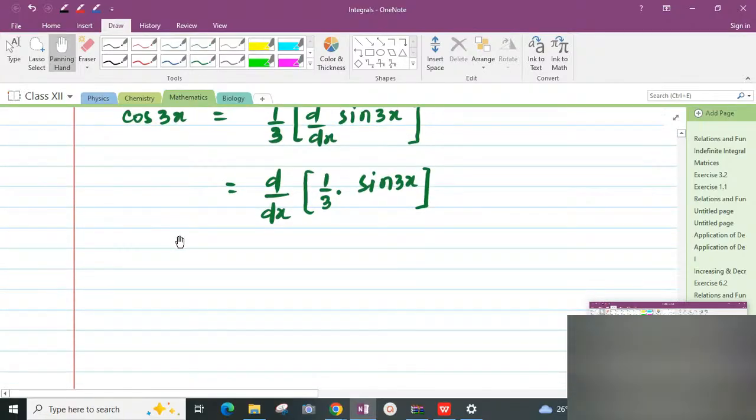Therefore, we write down here antiderivative of cos 3x equal to 1 by 3 sine 3x.